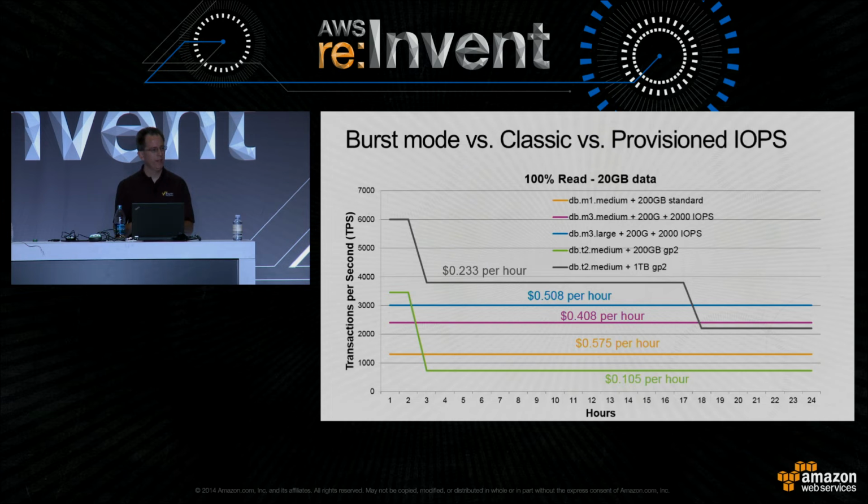So even when it dropped down, we're still at 4,000, and look at how many hours we're at that. So you go almost 18 hours of sustained, really good performance, better than any of the other options. And even when we drop down right at the end, notice that we're still almost the same as the M3 medium. And look at the price difference there.